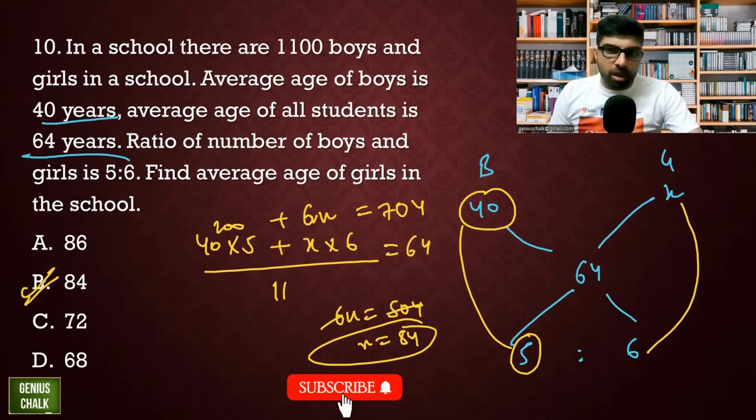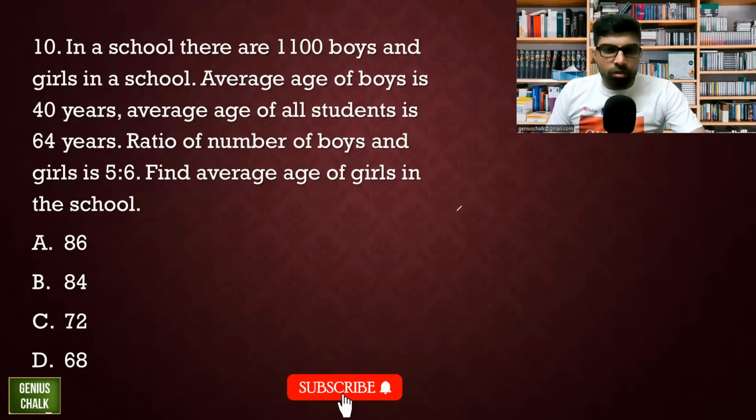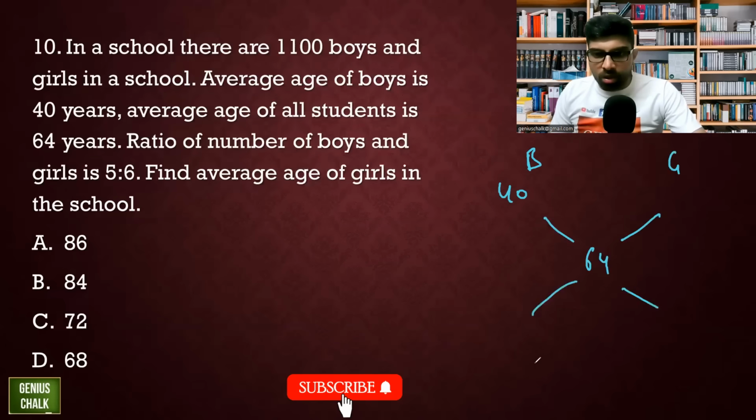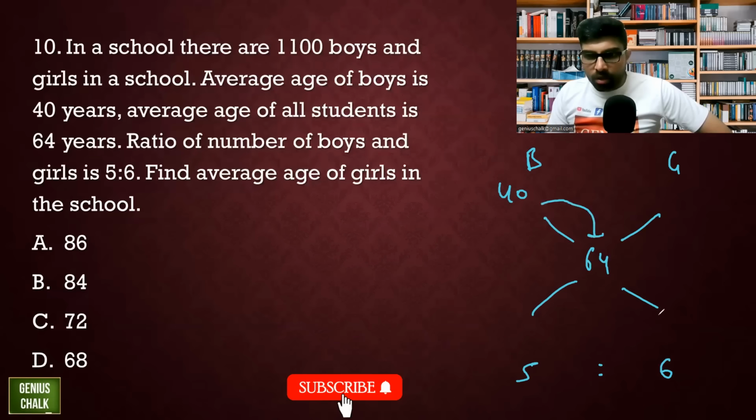So sometimes the basic method is also very good to solve. Else, if you use alligation, again you can find that this is 40 years boys, all students 64, girls, and then the ratio is 5:6. Now if you check what is the difference here, the difference is 24.